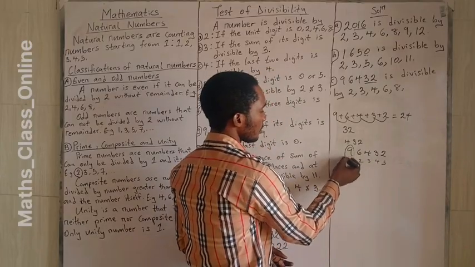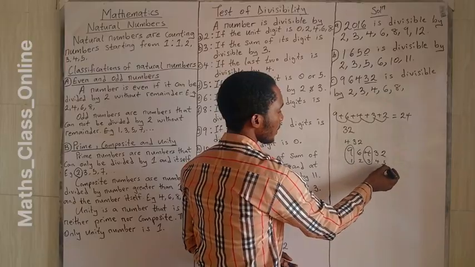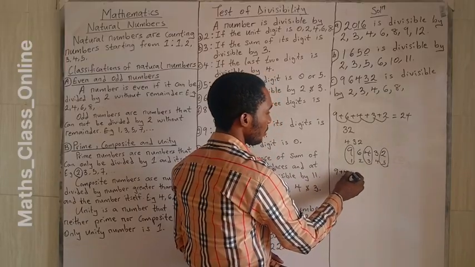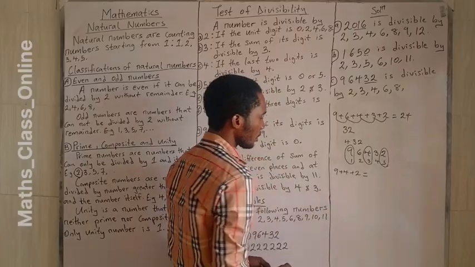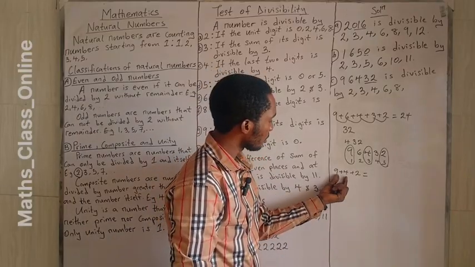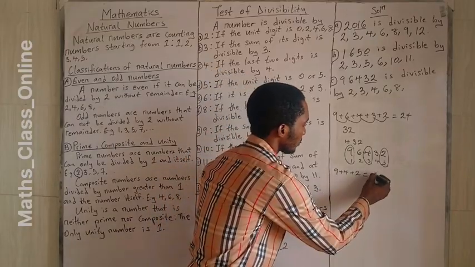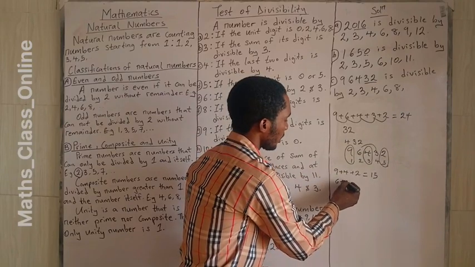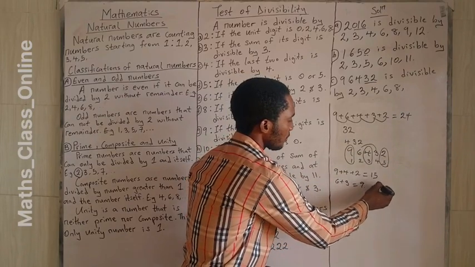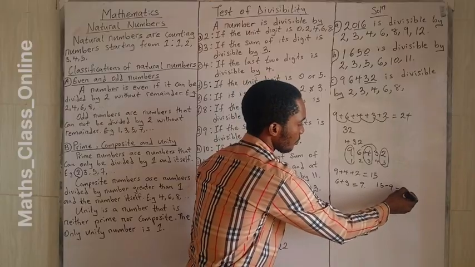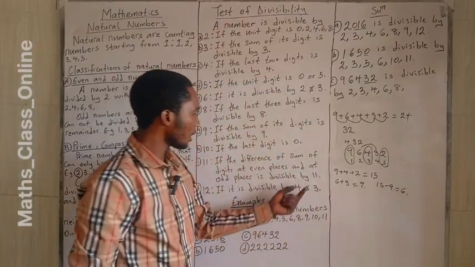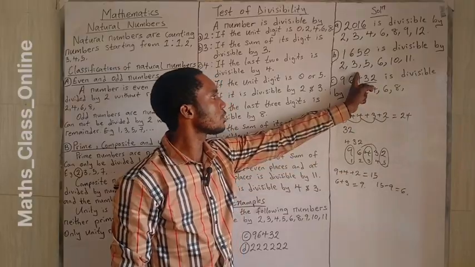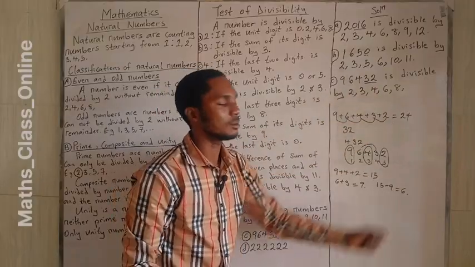Odd places: that is 9 plus 4 plus 2, and that is 15. What we have next is 6 plus 3, and that is 9. 15 minus 9, we are going to have 6. Can 11 divide 6? No, 11 cannot divide 6. That means this number is not divisible by 11.